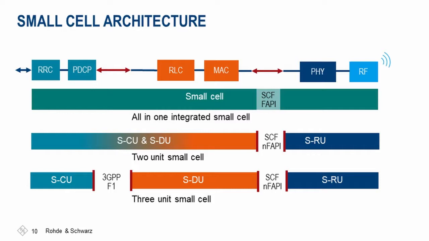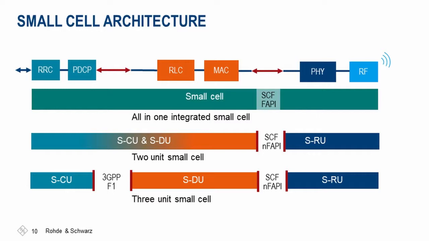And then next is about a 2-unit small cell. Here you can see the split, and the radio unit is on a separate hardware, and the CU and DU are on a separate hardware. It's called the 2-unit small cell.